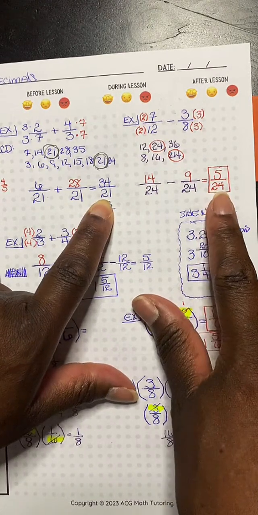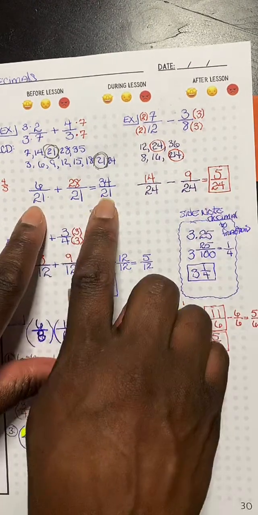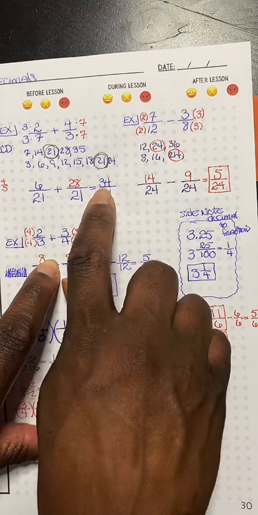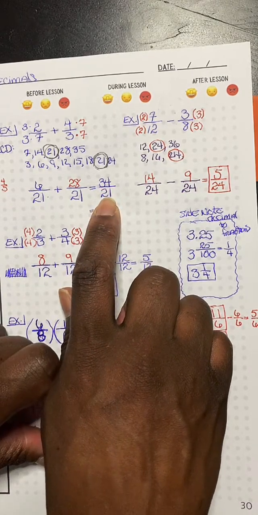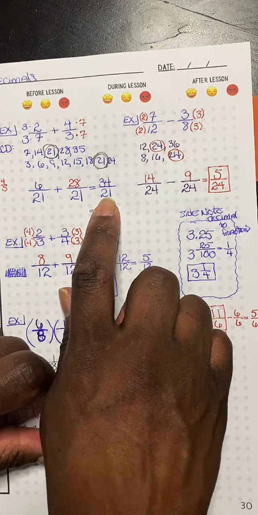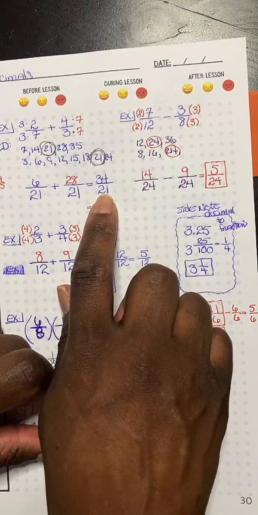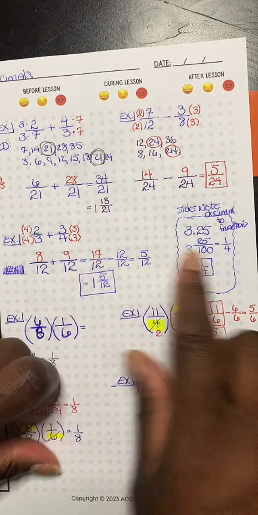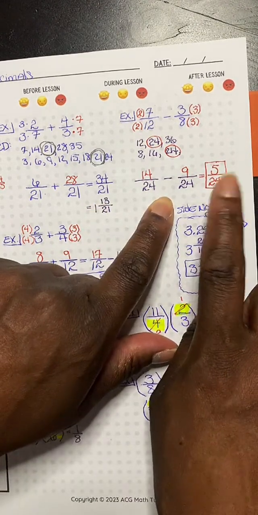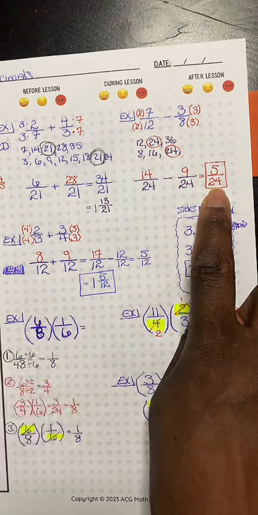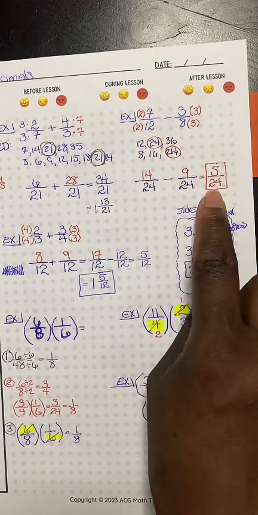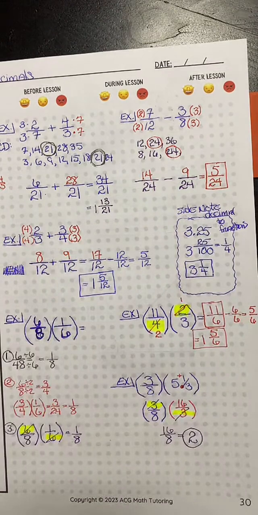Trust me, when I say this, they will have a 34 over 42 as one of the options of the test questions. Doesn't matter which test. As long as it's a standardized test, they will use that as one of the options. Same thing over here. This would have been 48. This would be 5 48ths. Trust me, one of those will be an option, but it's not. You don't do anything with the denominators.